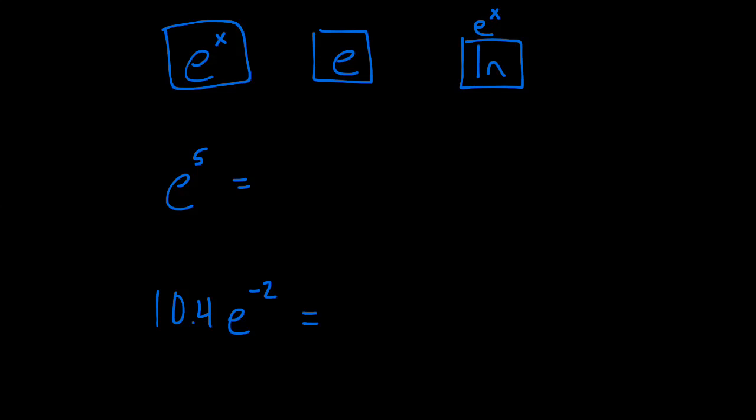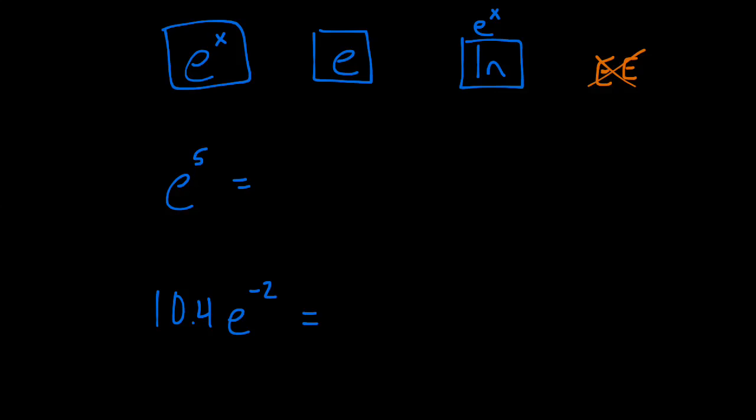You're not looking for a capital E. Some calculators might have a capital E or like an EE button. That's something else. We don't want that. We want this little lowercase cursive looking e. Okay? So you're looking for that on your calculator, and it should be pretty simple to just plug in.